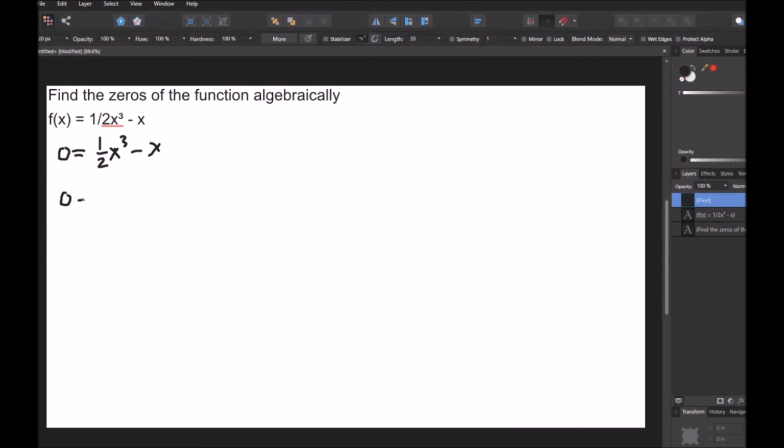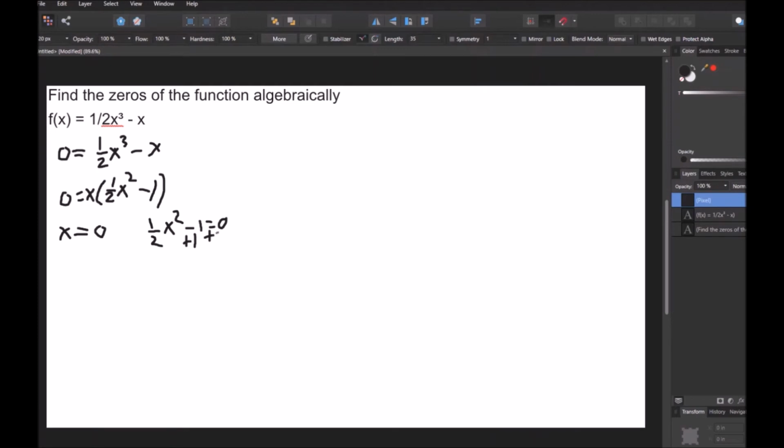So I'm going to have x times 1/2 x squared minus 1. So now I can set each of these equal to 0. So I'm going to have x equals 0, and then I'm going to have 1/2 x squared minus 1 equal to 0.